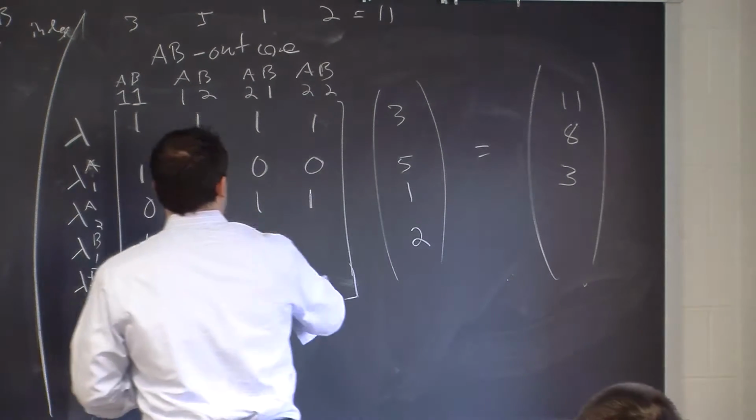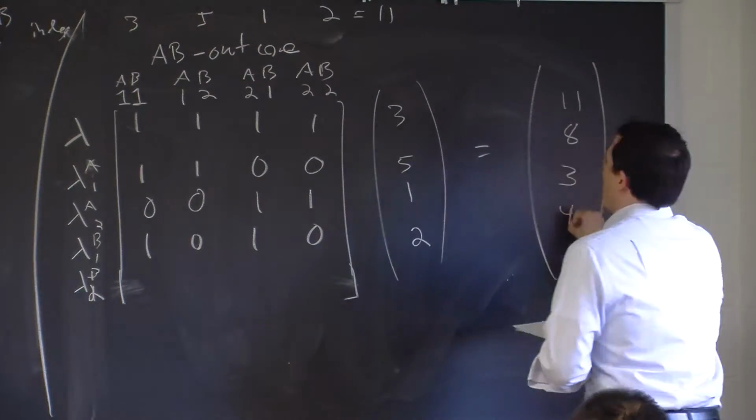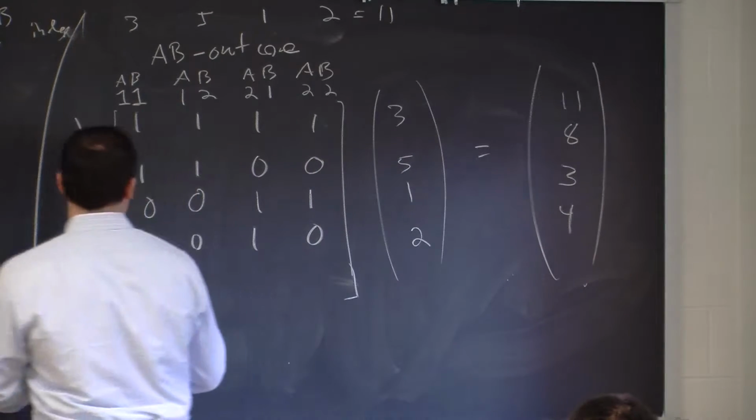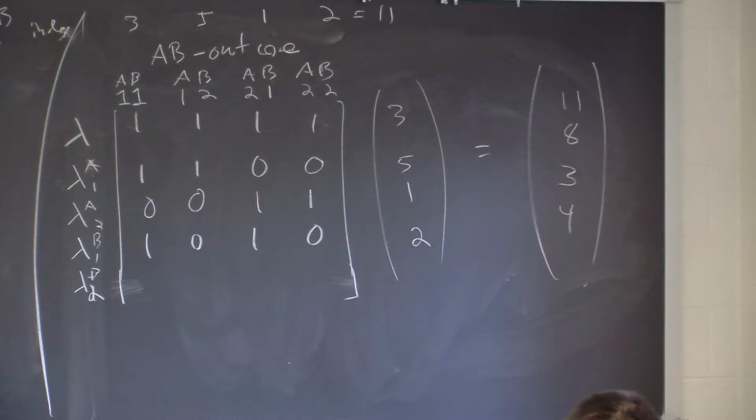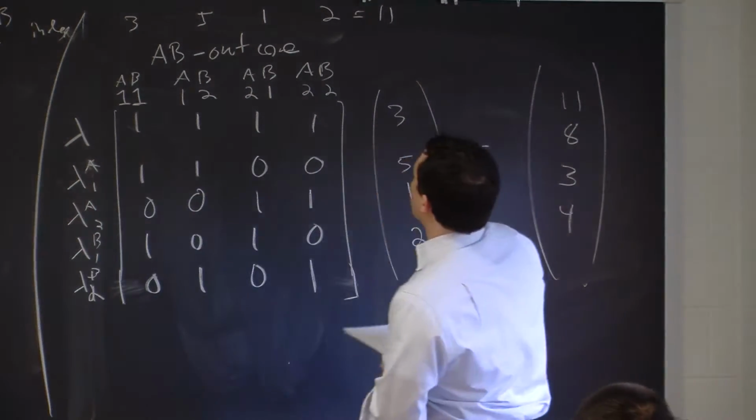Yep. So that will be 4. And the last one, 0, 1, 0, 1. And that total is equal to 7.